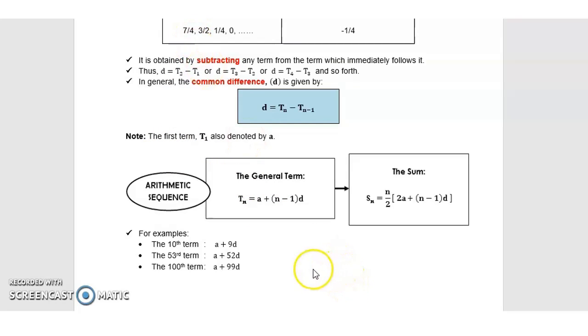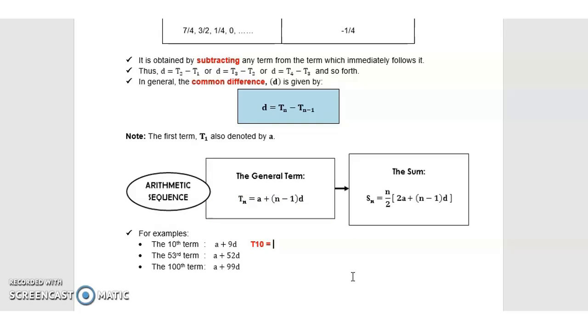Now let's look at an example. Here I give you the 10 terms. So in general, how do we write T10 for an arithmetic sequence? How do I get A plus 9D? If you look at the general term here, A is the first term.